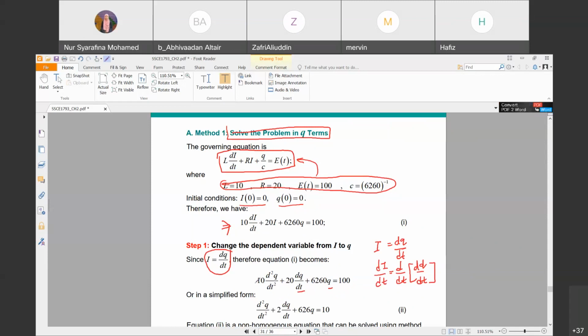If you simplify by dividing by 10, the equation becomes d squared Q/dt squared plus 2 dQ/dt plus 626Q equals 10. How can we solve this kind of equation? What is the form of this equation? Anyone?